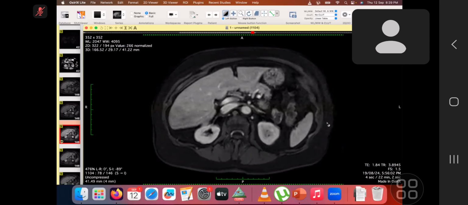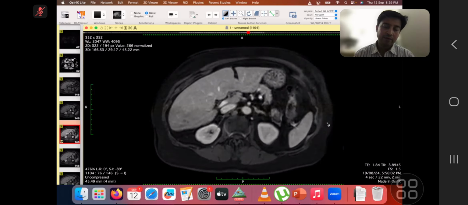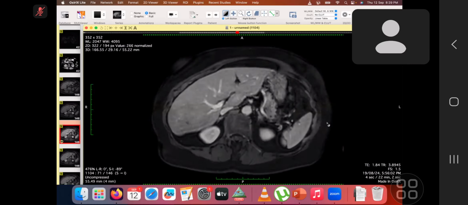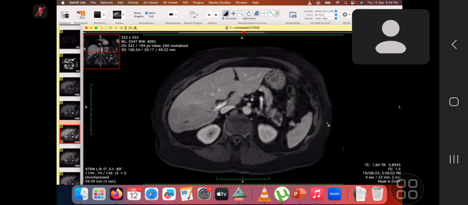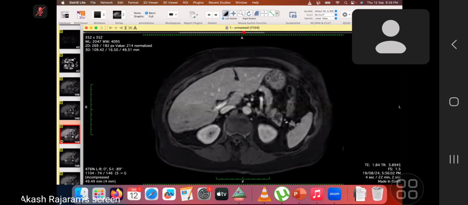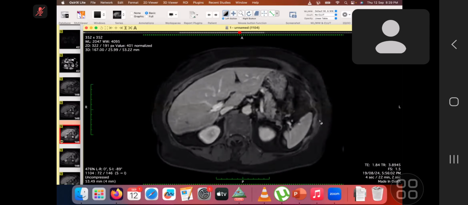Can I know the age of the patient? The patient is around 55. So I'm suspecting it's not typical, but a pancreatic mucinous cystadenoma, and even though it will be pre-malignant, anyway I will need to take a biopsy from such a mass.